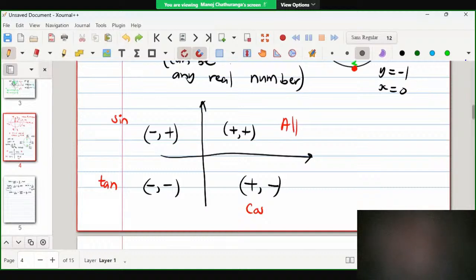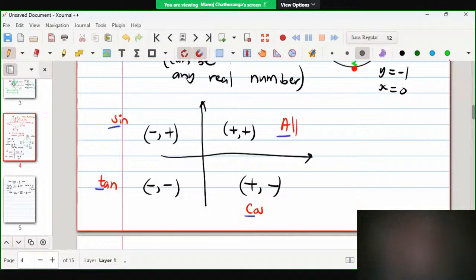So this is how you should memorize this circle. There is a phrase that you can use to memorize this. All student take cal. All students take calculus.